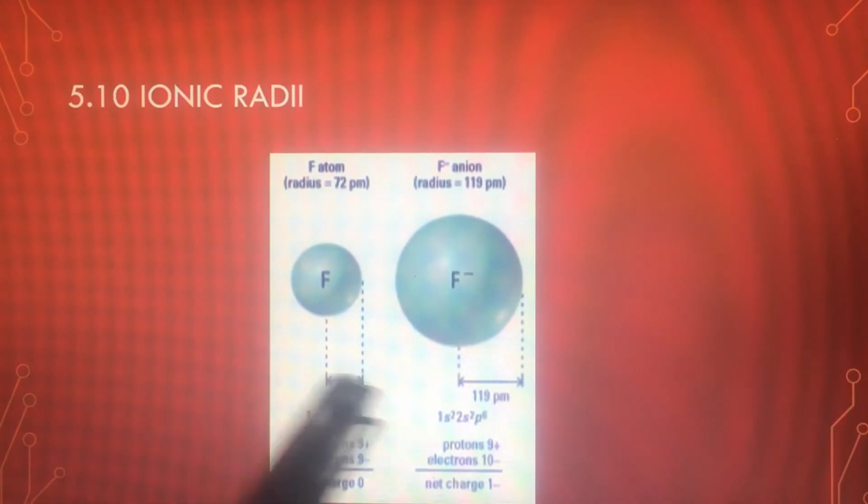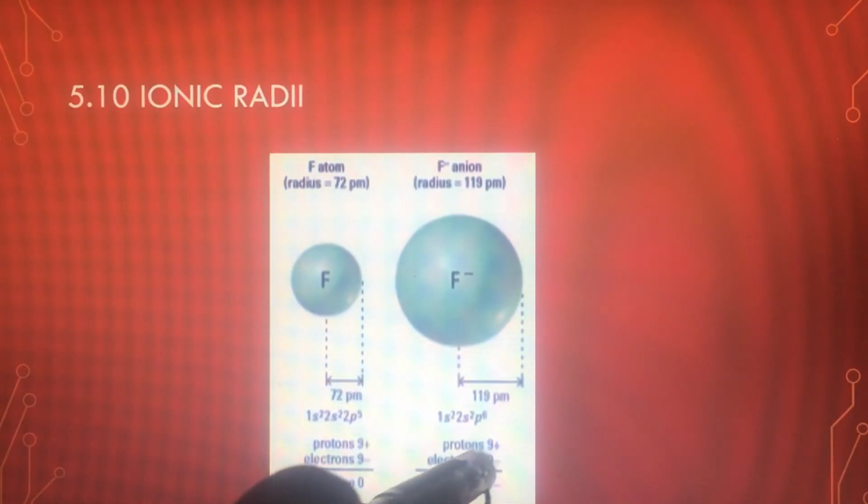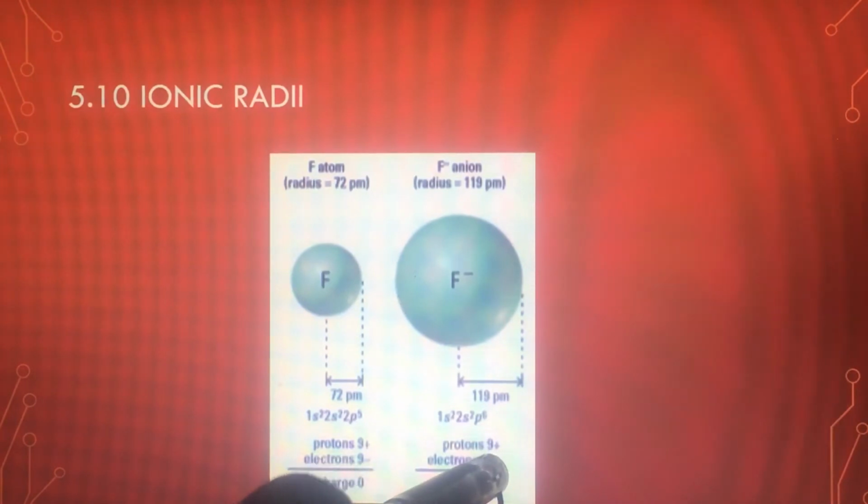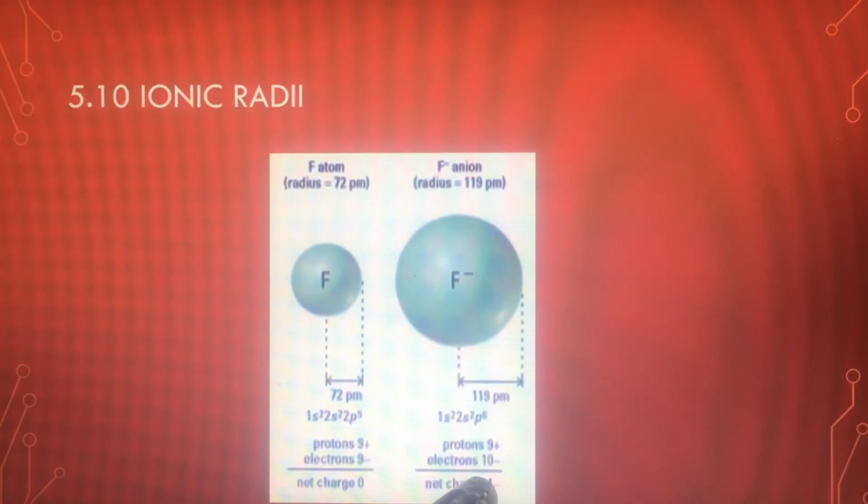The charge from the protons inside the nucleus is positive 9, and we now have more electrons, so negative 10. The added electron corresponds to an additional electron cloud revolving around the nucleus of fluorine.